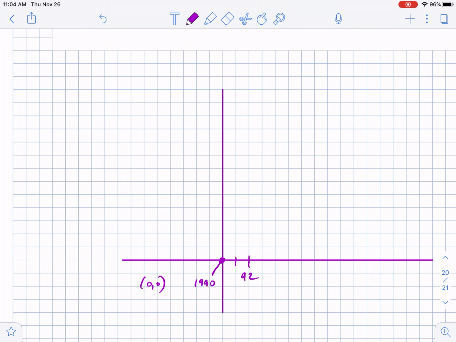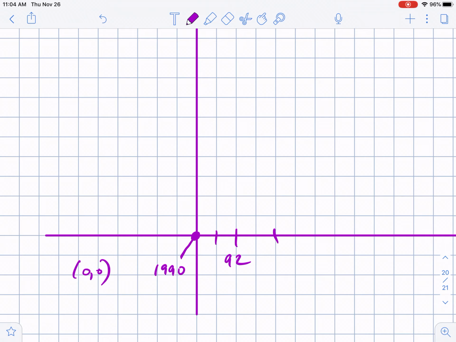But anyway, 1990, 1992, 94, 96, 98, and the year 2000. And every year, 1990, this is year 0, 1, 2, 3, 4, 5, 6, 7, 8, 9.